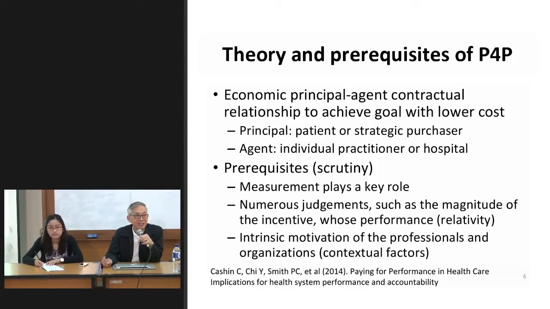And the agent will produce the product which is higher than the cost of the intervention that the principal put in. So this will be the incentive for making P4P work and sustainable.